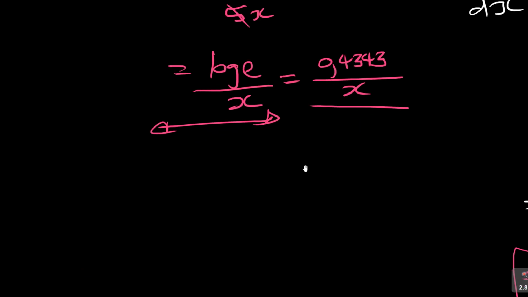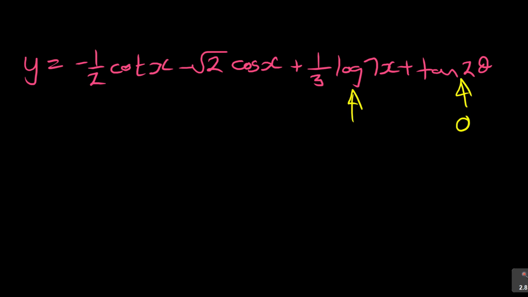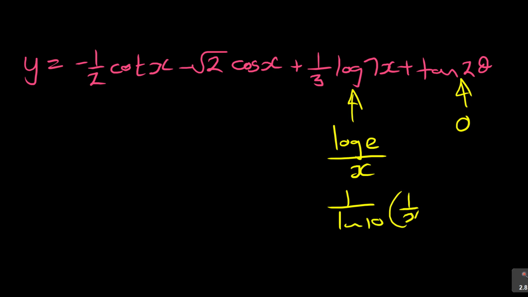In other ways, it was this log e of x, so I can choose to write it like this, log e over x, or write the other one, which is 1 over ln 10 times 1 over x. It can be this one or that one.